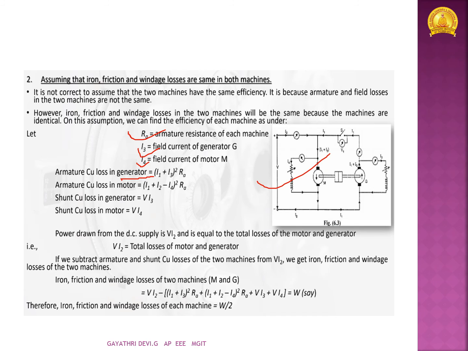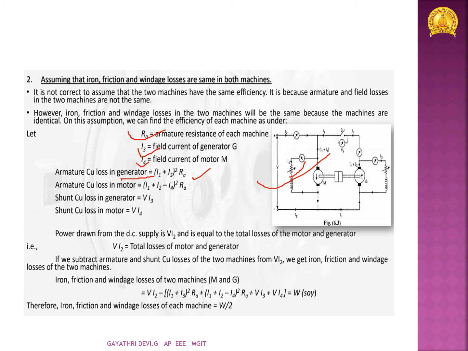So the armature current in the generator is I1 plus I3. So the armature copper loss can be written as (I1 plus I3) the whole square into Ra, and the armature copper loss of the motor can be written as (I1 plus I2 minus I4) square into Ra. Minus I4 means the shunt field branch is also considered. In the case of the motor, the current entering the armature is I1 plus I2 minus I4.